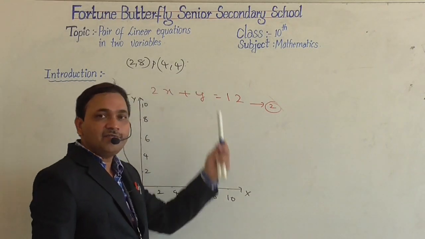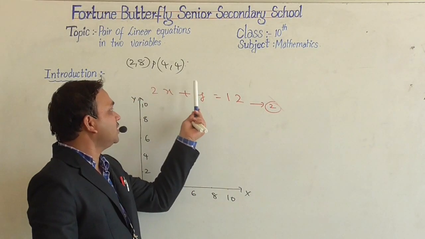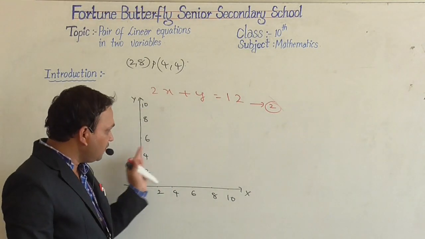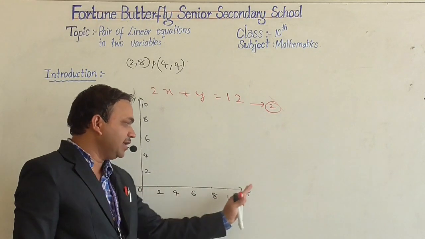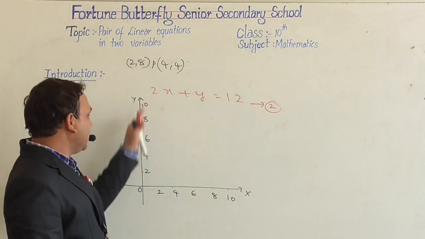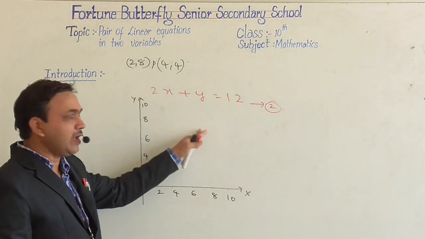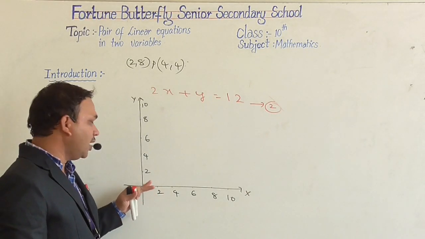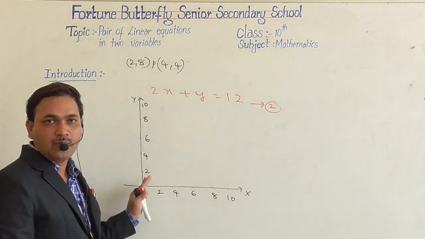Now how do we plot them using the graph sheet? You already know that the horizontal line is called the x-axis and the vertical line is called the y-axis. These two axes intersect at a common point. The common point is named the origin, denoted by the letter O.